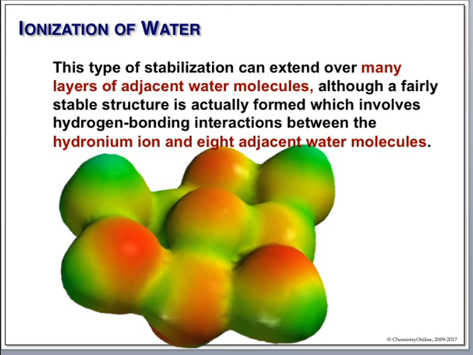Now, we said that a consequence of the hydrogen bonding was the fact that water was able to take one of the bonds to one of its neighbors and break it, break the covalent bond, and make 2 charged species. That's kind of a noble undertaking, really. But it turns out that water can do it on lots of different molecules, not just itself.